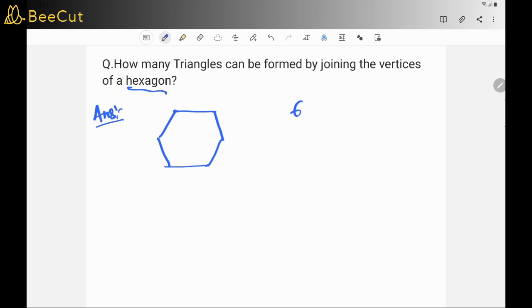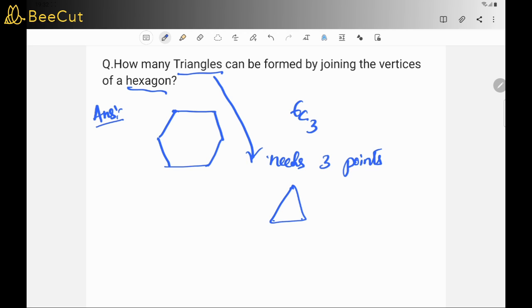6. Now in order to form a triangle, I need 3 points, and for example, these 3 points, I can form a triangle. So I'll select any 3 points from this hexagon. So point number 1, point number 2, point number 3, I'll join this, I'm able to get a triangle.